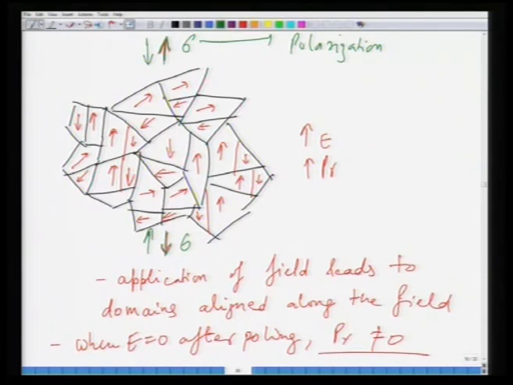So, this is what you require for a ferroelectric, piezoelectric material: you need to pole it before you use it as a piezoelectric. And this poling process is nothing but application of an electric field to a virgin material and then bringing it back to 0 to create a domain structure which gives rise to a non-zero polarization. Okay.